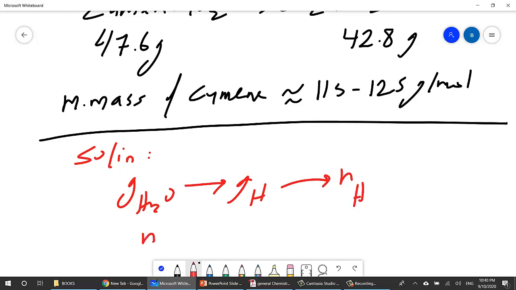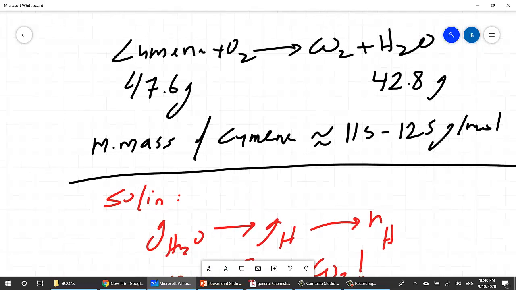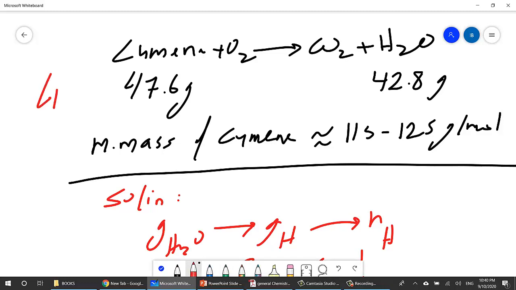Now what about the number of moles of carbon? Can I get it from CO2? Well, he's not giving me any information about CO2. But since the sample contains only carbon and hydrogen, as he said in the question, there is no oxygen, I can use subtraction to do that.